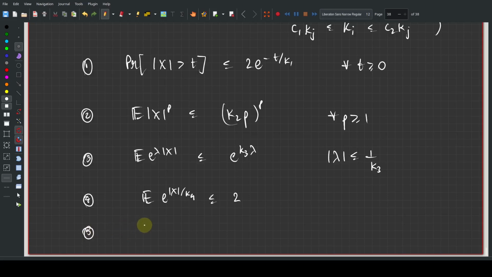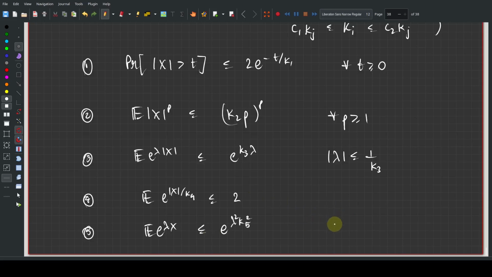Right. And the fifth condition was again a bound on the moment generating function. So the expected value of e to the lambda X is less than or equal to e to the lambda square K5 square. But this doesn't hold for all lambda greater than 0 because then it would be sub-Gaussian.